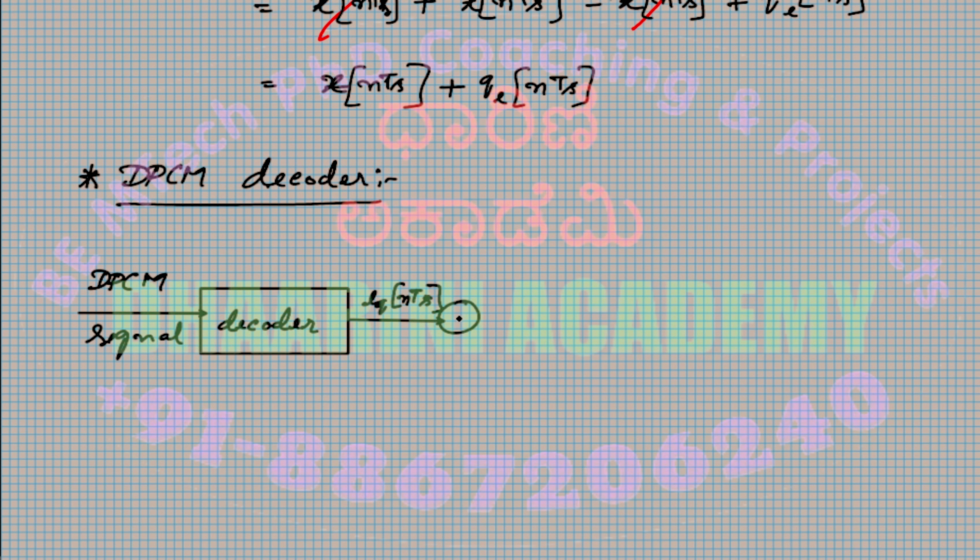So perfect. This is the addition block, where both the signals coming to it will be added, right? Let me say what I get when I add. When I do the addition, I'm going to get XQ of nTs. This is what I'm going to get. Anyway, I did the prediction, right?